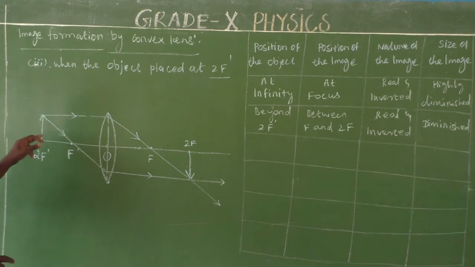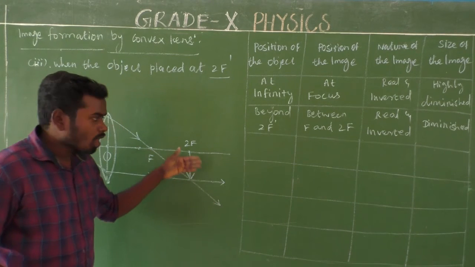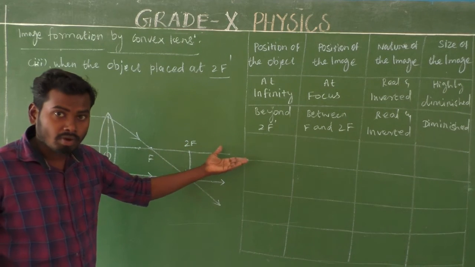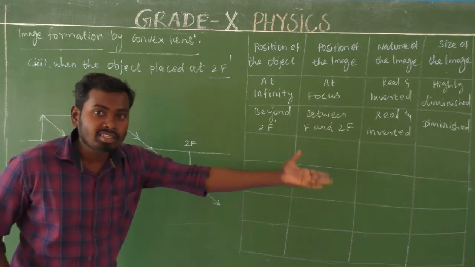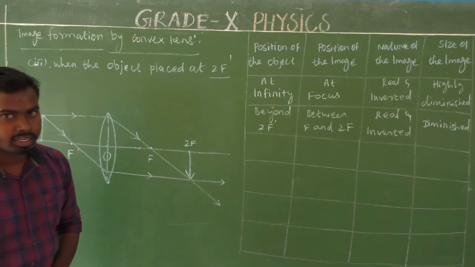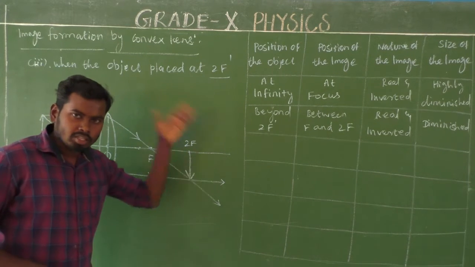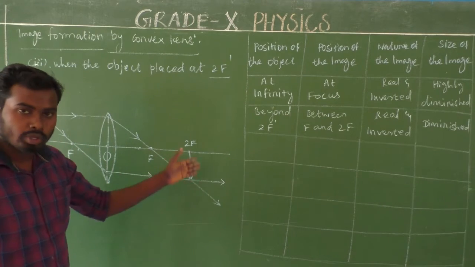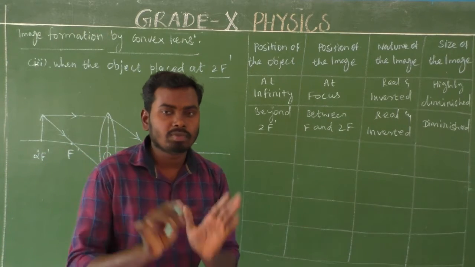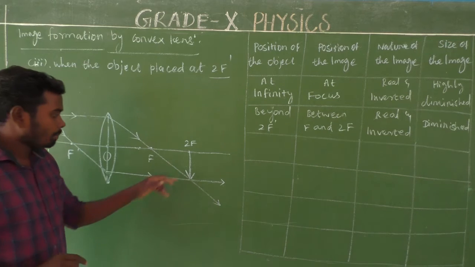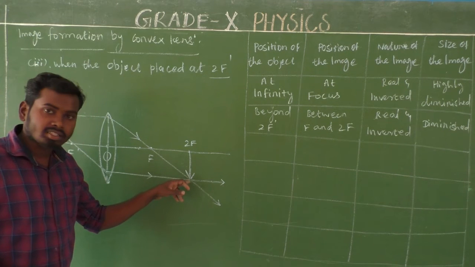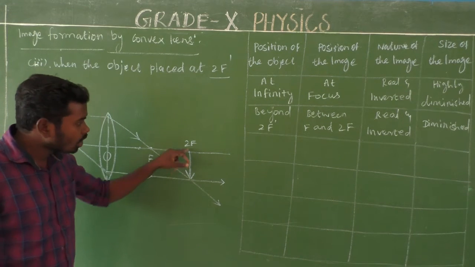If we place the object at 2F dash, on the left side of the convex lens, the image is formed at 2F on the right side of the convex lens. If you place the object at 2F dash, the image will be formed at the same 2F on the other side. That is very, very important, because the two refracted rays intersect specifically at 2F.